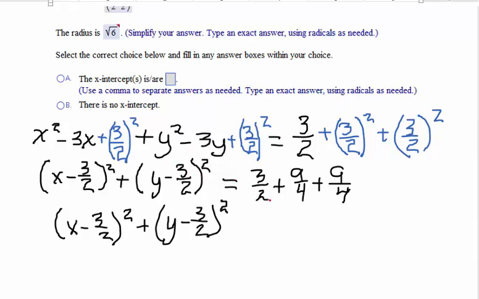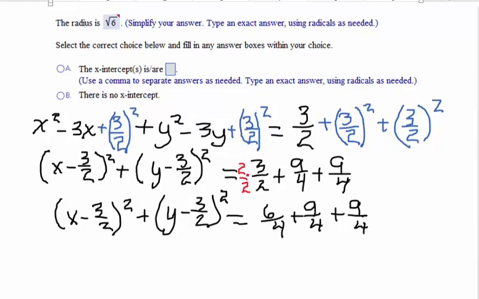Now, the denominators are 2, 4, and 4. So the smallest number that each of these denominators divides into evenly is 4. So I want all of my denominators to be a 4. These two are already 4. I'm going to get a denominator of 4 here by multiplying the numerator and denominator by 2. So this is equal to 6 fourths plus 9 fourths plus 9 fourths.